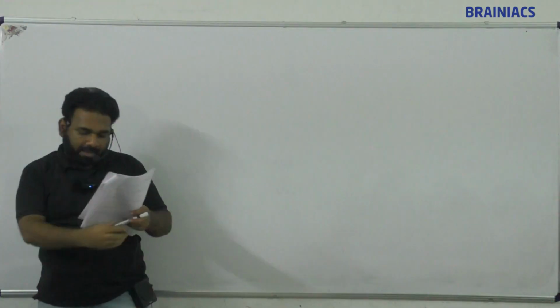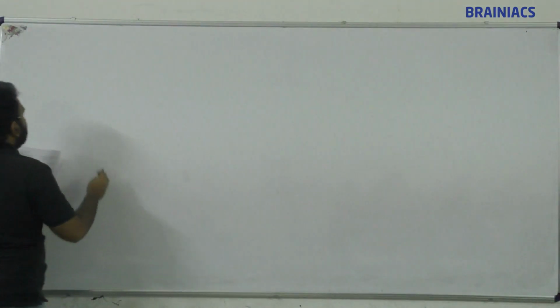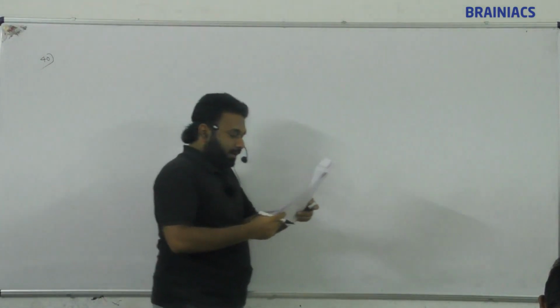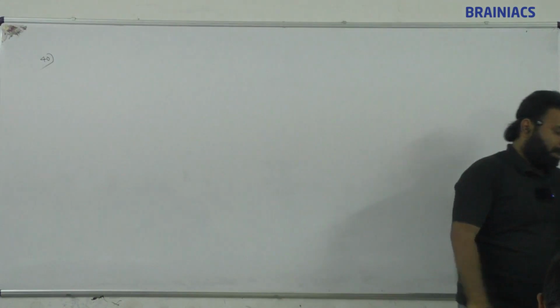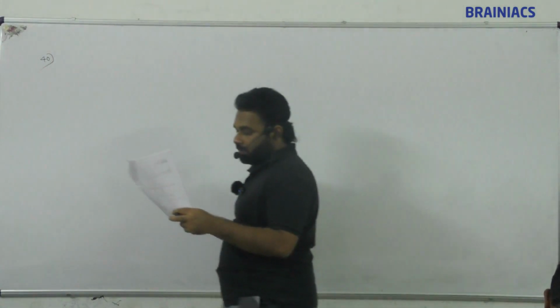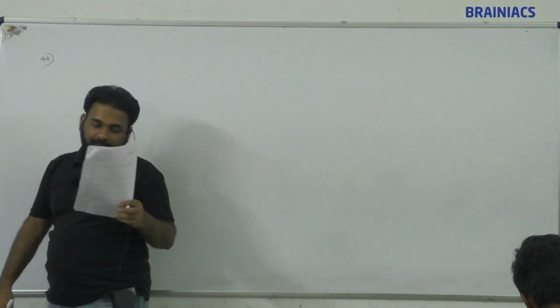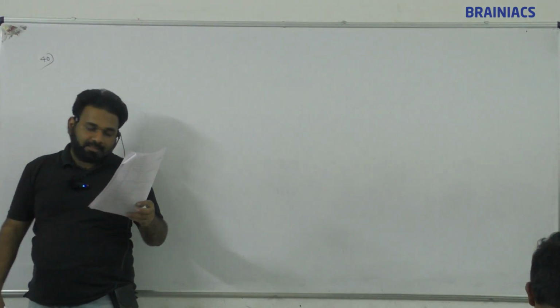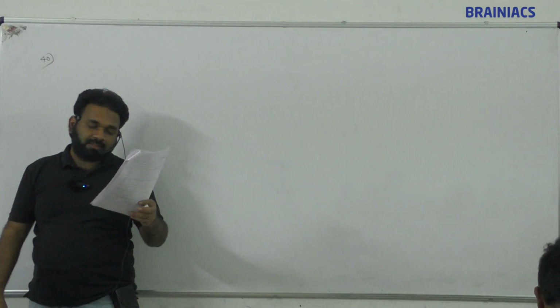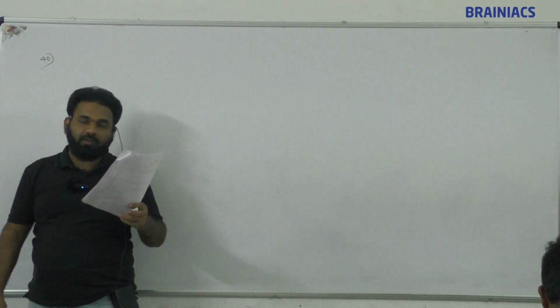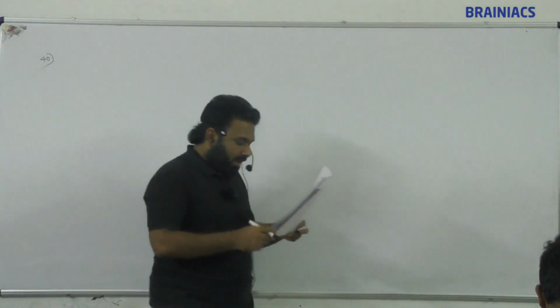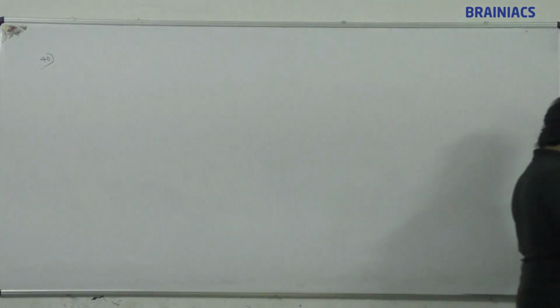A charged particle A moves directly towards another charged particle B. For the A plus B system, the total momentum is P and the total energy is E. Option A: P and E are conserved if both A and B are free to move. Option B: A is true only if A and B have similar charges.